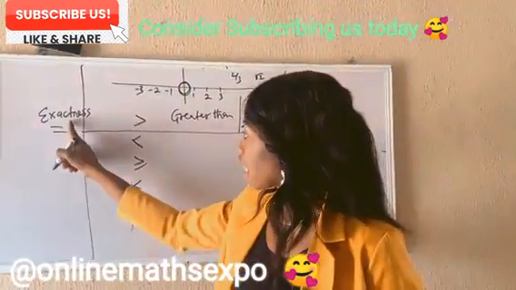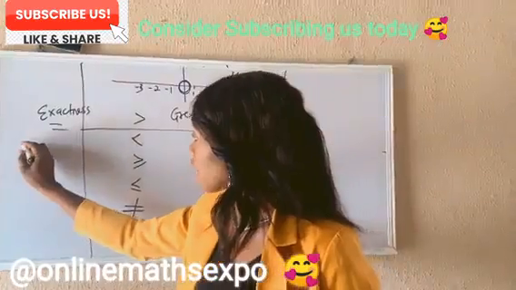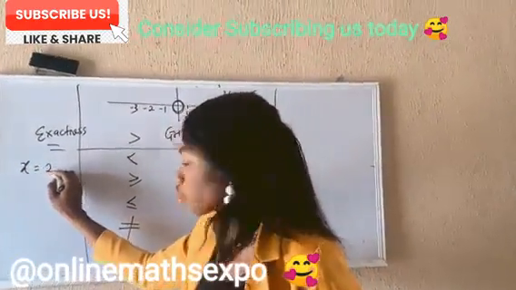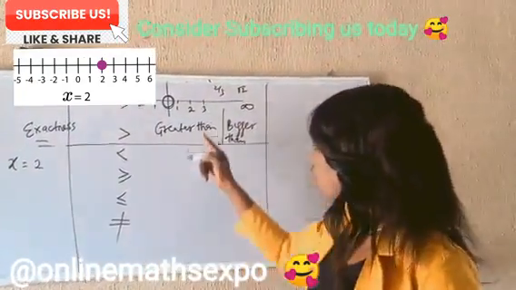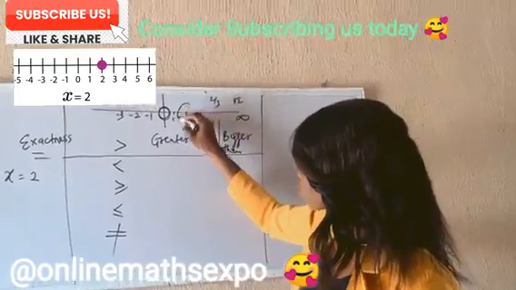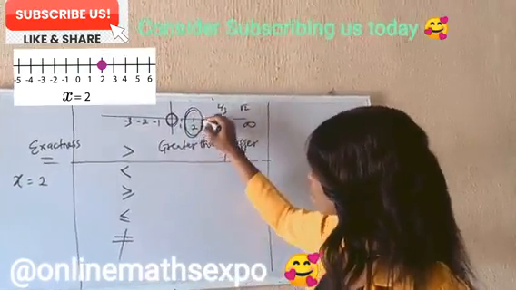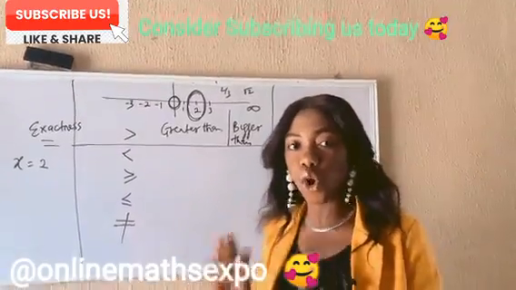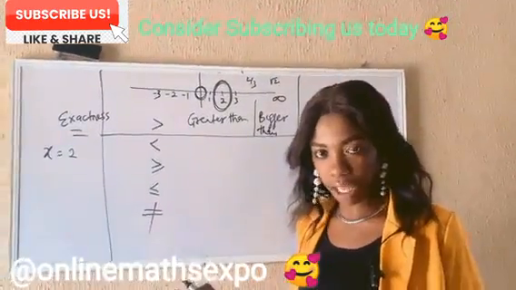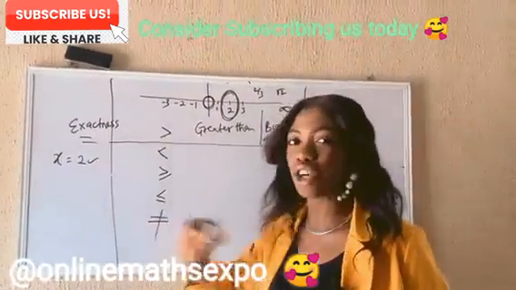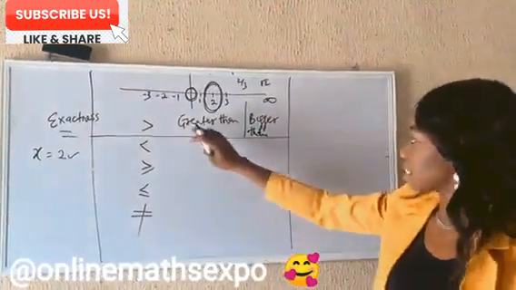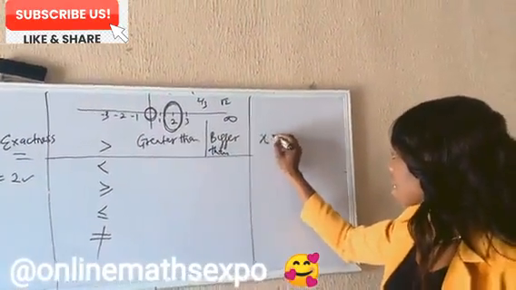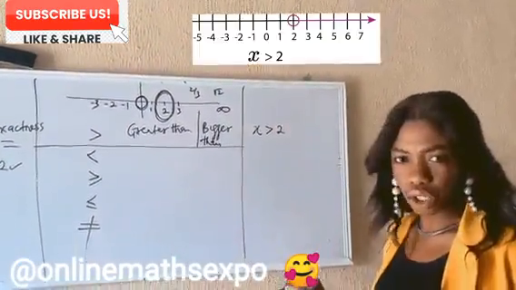If we are looking at the exactness, supposing we say that x is equal to 2, what does that mean? If you go to the number line, if x is 2, that means we are talking about the exactness of x, which is 2. That means x is just only 2. There is no other number. Now, supposing we say that x is greater than 2, what does that mean?